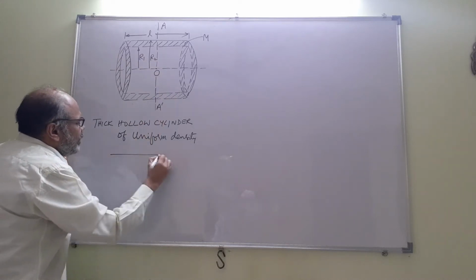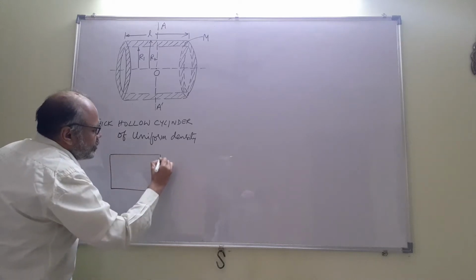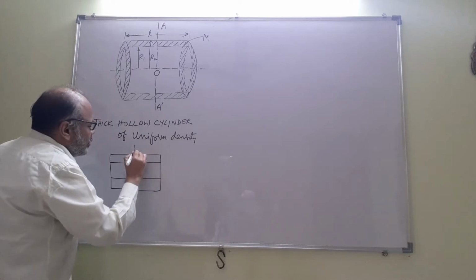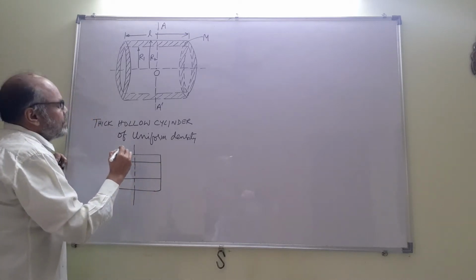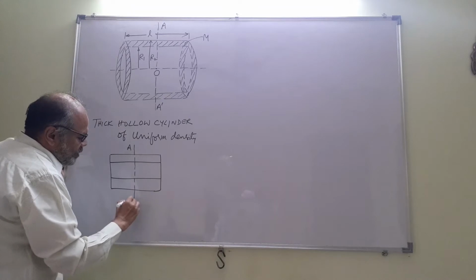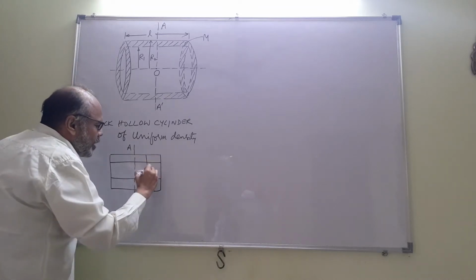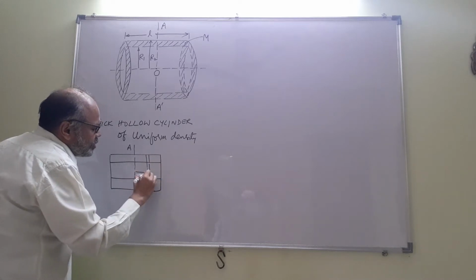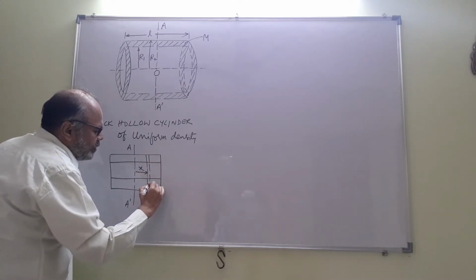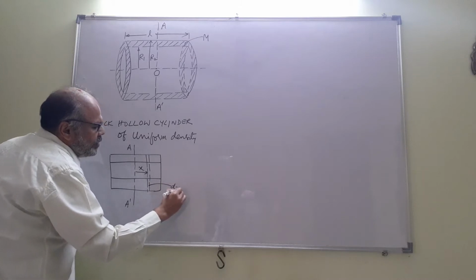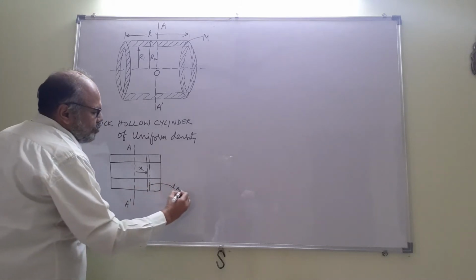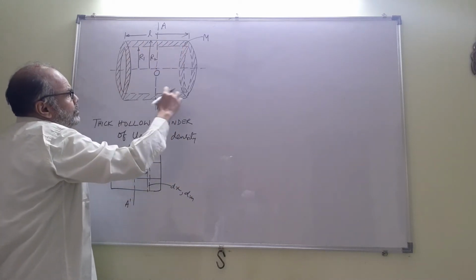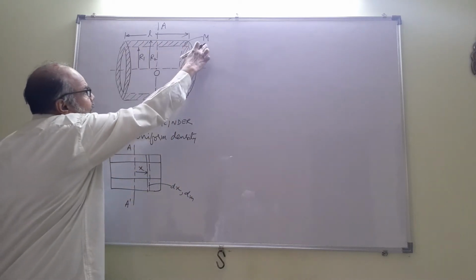To explain that, supposing we have this as the cylinder, this is the inner radius, this is the axis AA dash, and here we have a slice at a distance x, and let the thickness of this be dx and its mass is dm. The total mass of the cylinder is capital M.